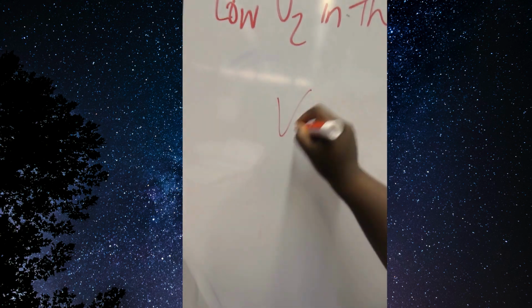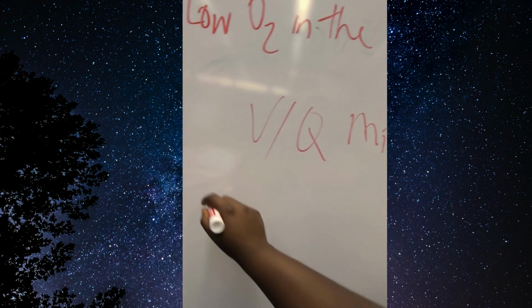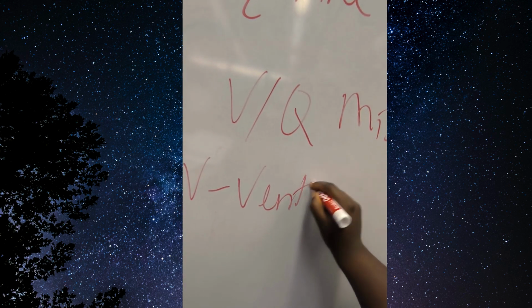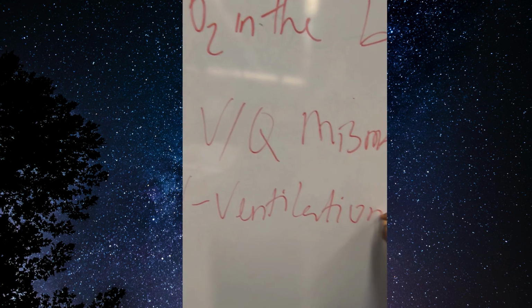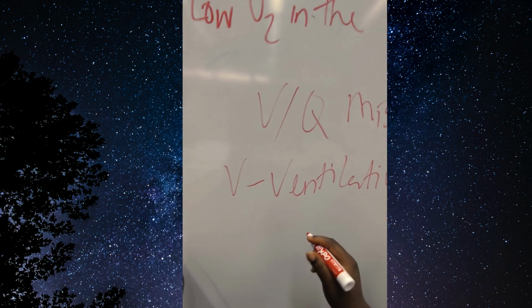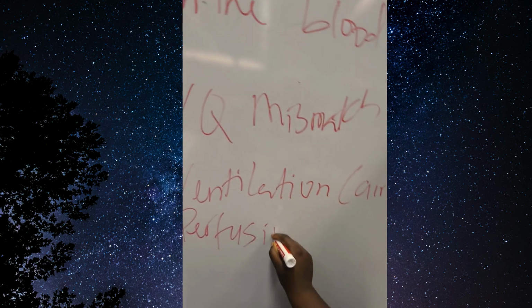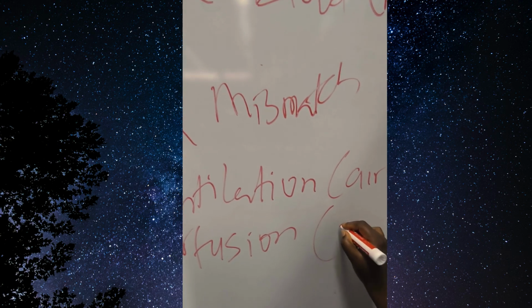So in the VQ mismatch, V is for ventilation, which is airflow. I'm trying to make my handwriting very readable. And Q is for perfusion, which is blood flow. So, airflow over blood flow.